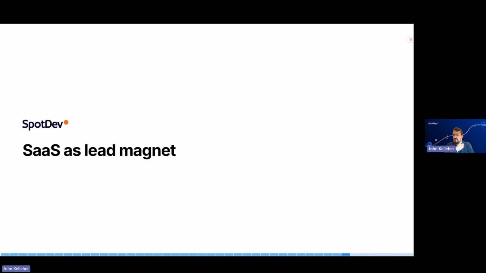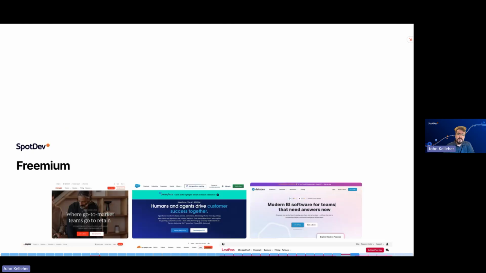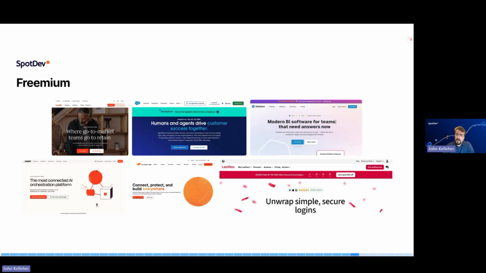But the reason this is so interesting is that the SaaS industry is way ahead of the rest of us on this count, light years ahead of us, because they've been using freemium models for an awful long time. I've just picked out 6 random SaaS providers here, the first ones that came to my head, and every single one of them has some sort of start for free offer on their website.